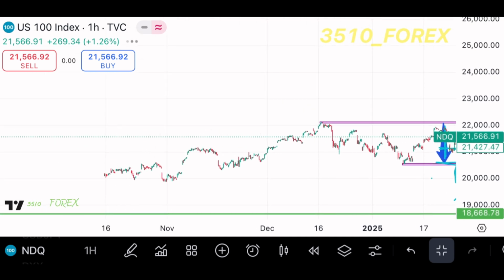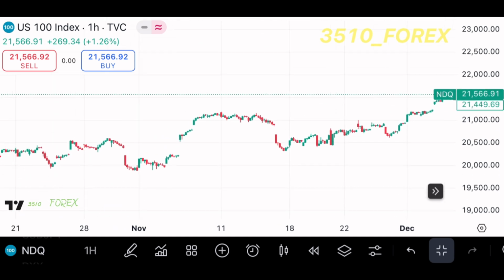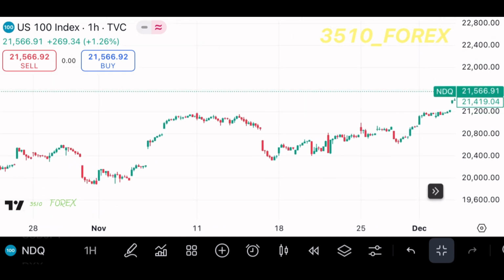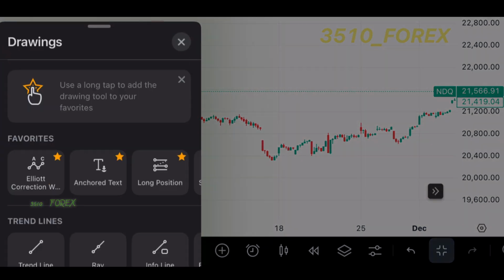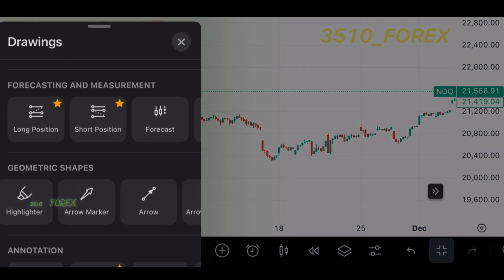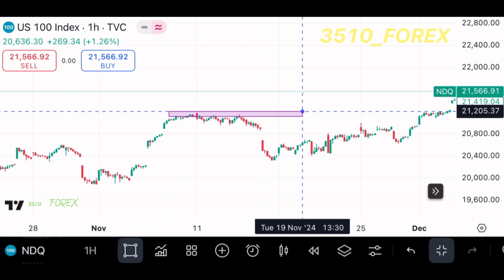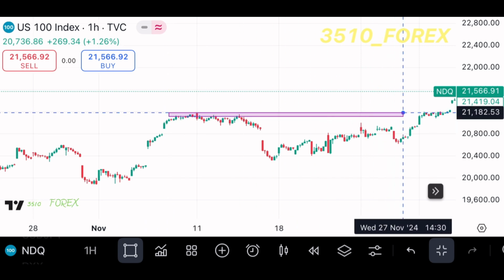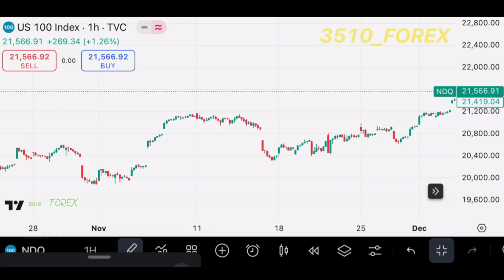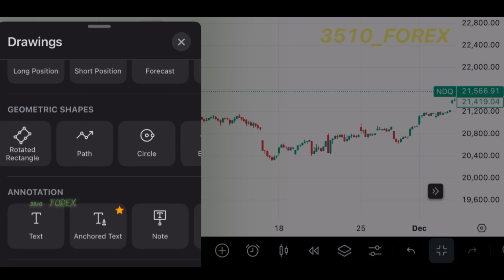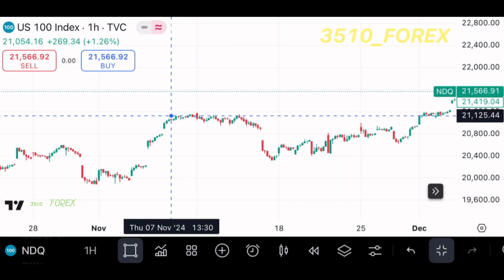So okay, let me make an example for you. Let's say you have a chart that is like this. Remember I said you will highlight your resistance, which is the price level where sellers start to sell, right? So you highlight it like this, you highlight your resistance level.